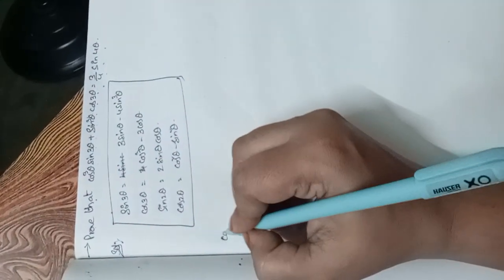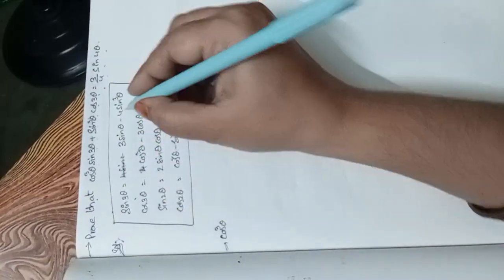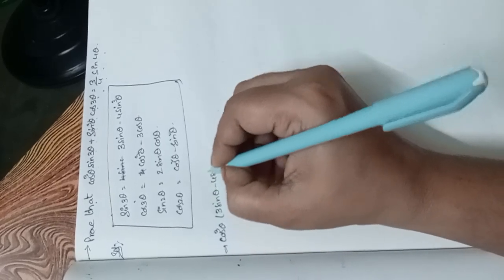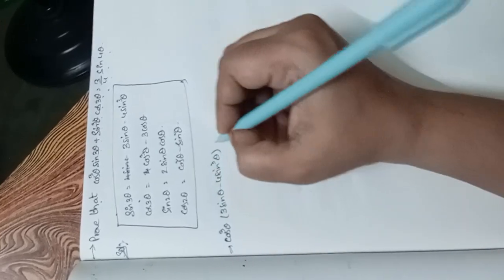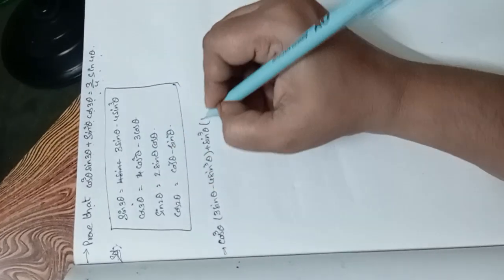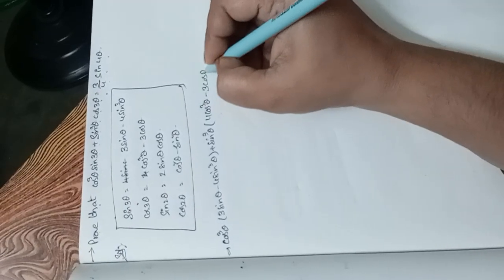So, coming to the question, we have cos cube theta into sin 3 theta. Sin 3 theta is nothing but 3 sin theta minus 4 sin cube theta, plus sin cube theta into cos 3 theta, which is 4 cos cube theta minus 3 cos theta.